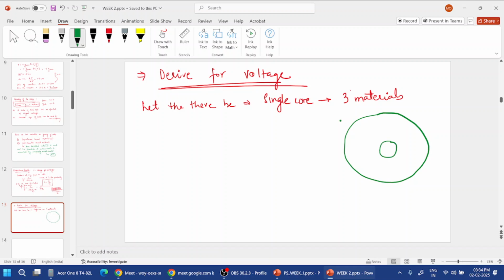Here it is r, which we already know. Then it is R1, with permittivity epsilon 1. Then we have R2 with permittivity epsilon 2, then R3, and this, let's say, is capital R.